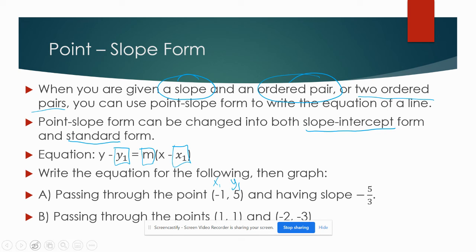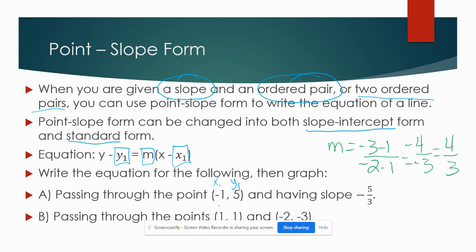I'm going to have to start with finding the slope of those ordered pairs first. So negative 3 minus 1 over negative 2 minus 1 gives us negative 4 over negative 3, or positive 4/3.